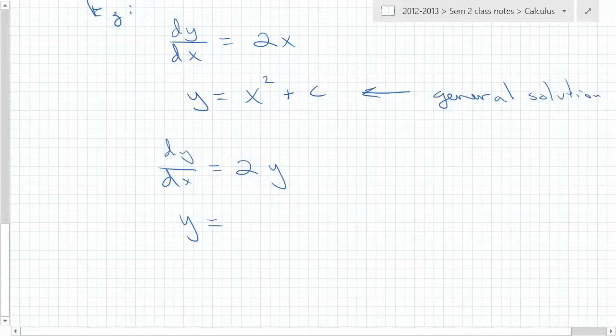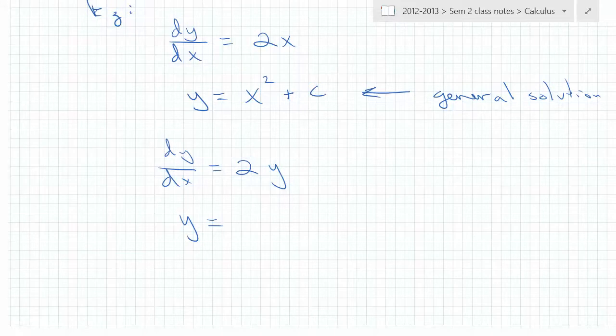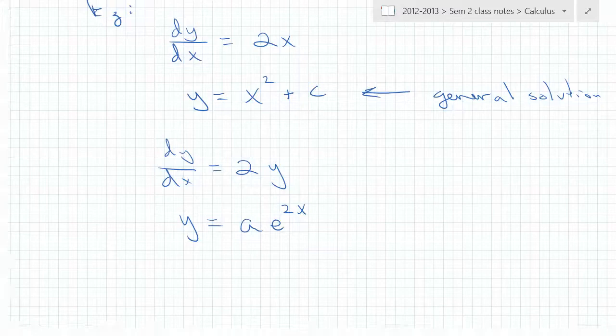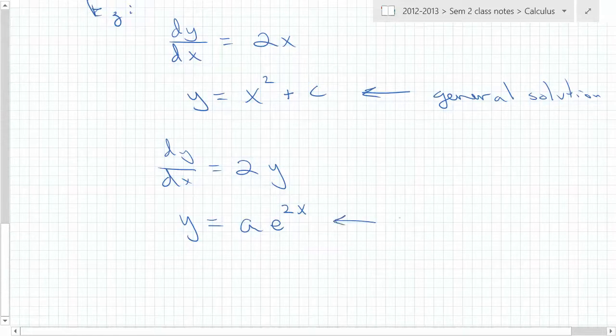It's a derivative that has as a part of it its own original function. What function has itself as a derivative? Is it just a constant times e to the x? This is another general solution.